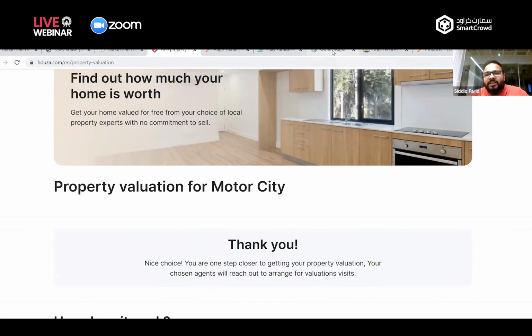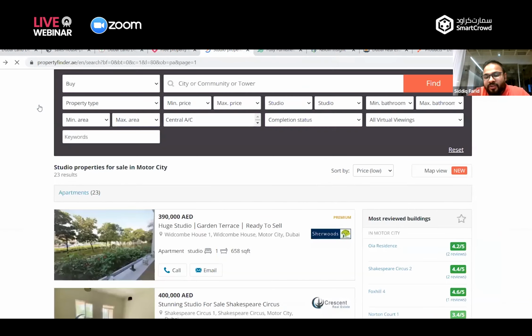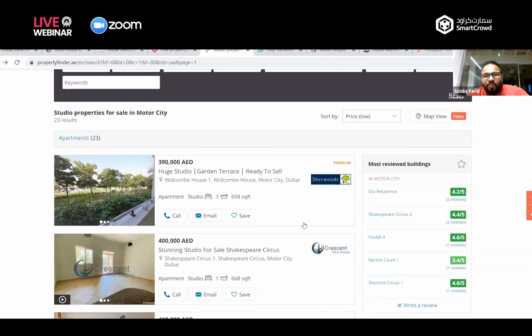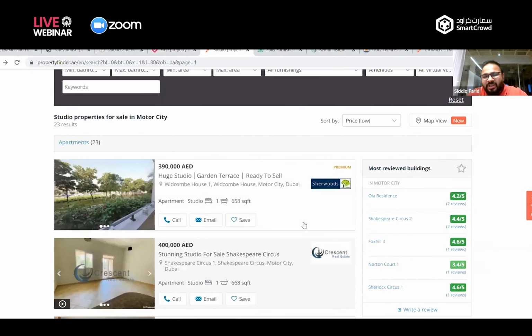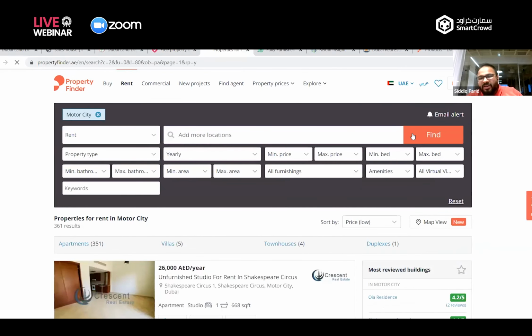Once you have an understanding of what's happening at a property price level, you want to look at the rental side of things, because obviously you're looking at this as an investment, and you want to make sure you're getting an appropriate yield for a particular area. So assume we get a sense that studios are somewhere between 370 and 410, high 300s to low 400s. I can find a studio, right?